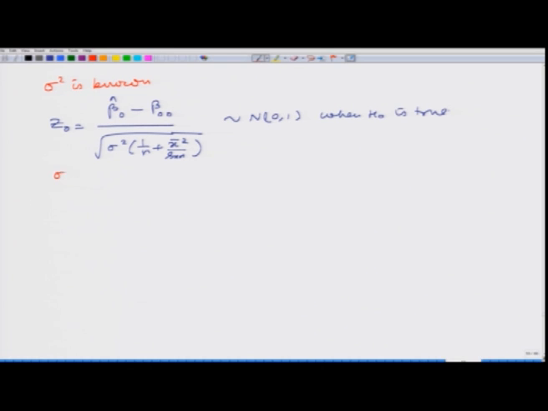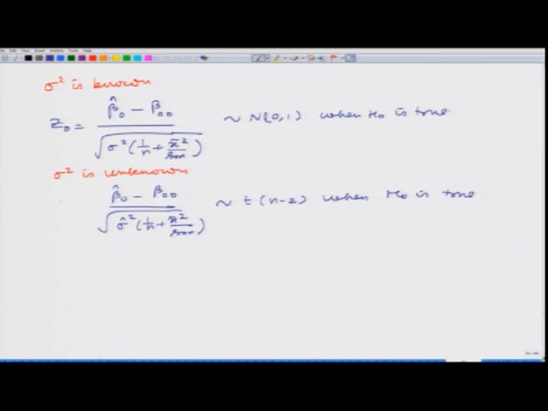Similarly, when sigma square is unknown, then on exactly similar lines I can develop the statistic beta 0 hat minus beta 0 naught divided by the square root of sigma square hat times 1 over n plus x bar square over Sxx, and this follows a t distribution with n minus 2 degrees of freedom when H naught is true.